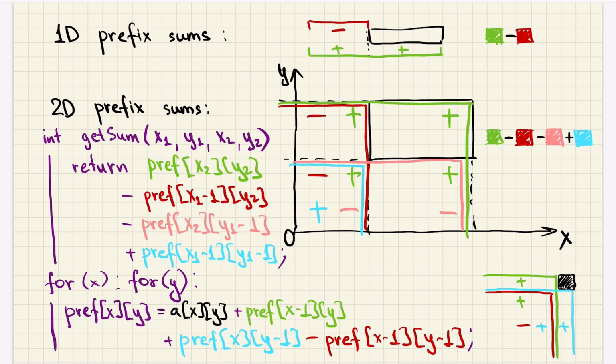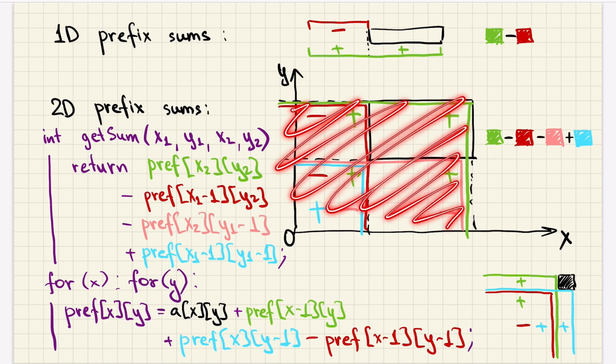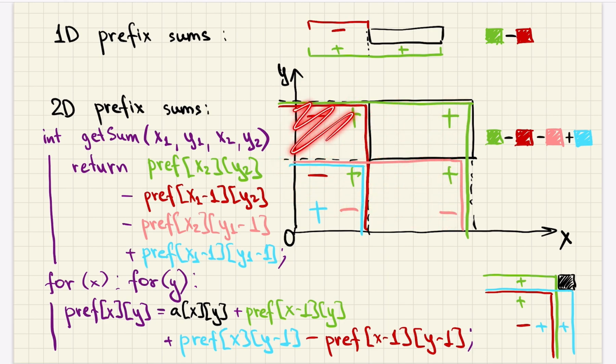So in total we subtracted it once, but it shouldn't matter at all, so we will add it back. And so the sum on this rectangle is sum on the green zone minus sum in the red zone minus sum in the pink zone and plus sum in the cyan zone, like this.